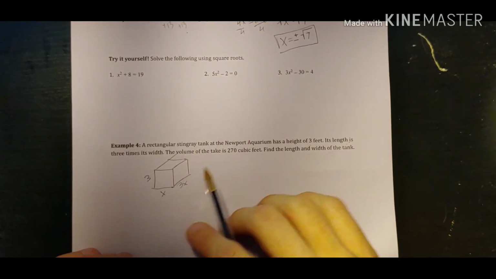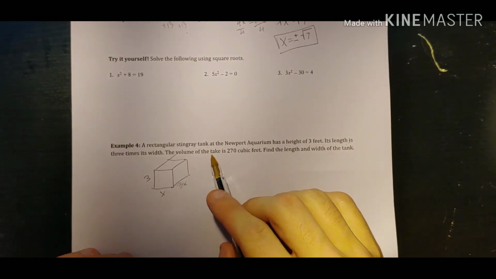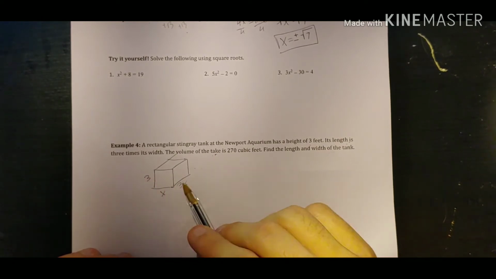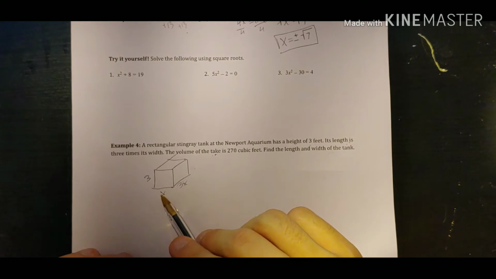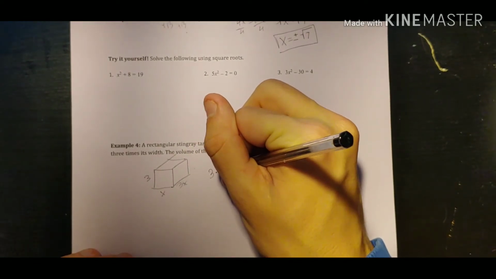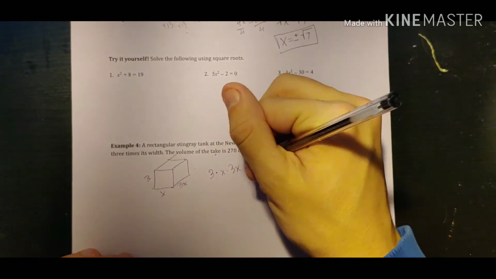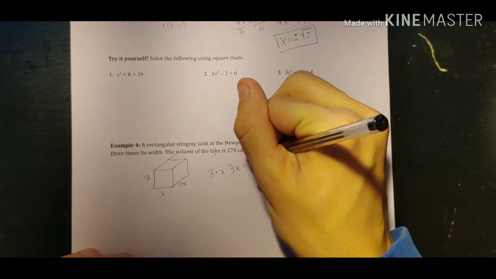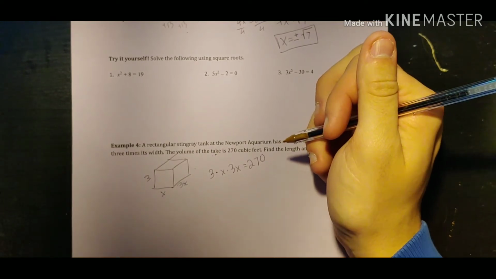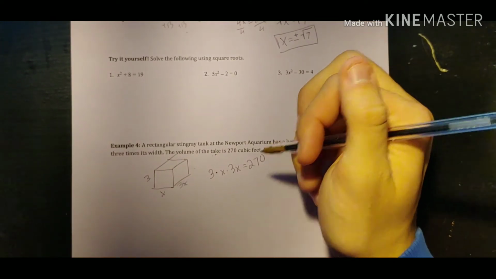So if you remember, to find the volume of a rectangular prism, it's just length times width times height. So 3 times x times 3x equals 270. I'm going to leave off the unit for now, but we're going to slap that on our answer.